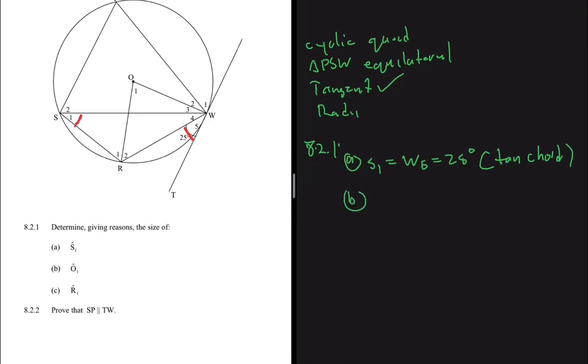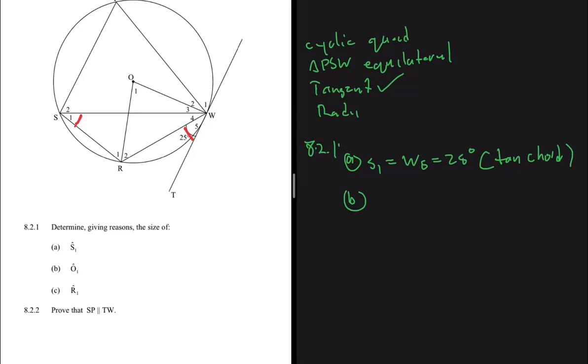B says let's find O1. Again, we're not thinking about anything else other than the four keywords we have. Cyclic quad, there's no immediate connection between O1 and the cyclic quad. Angle PSW, O1 is not an angle in PSW, right?